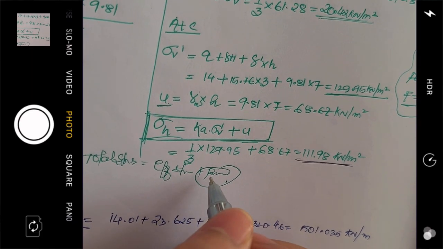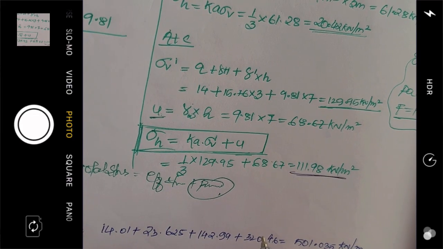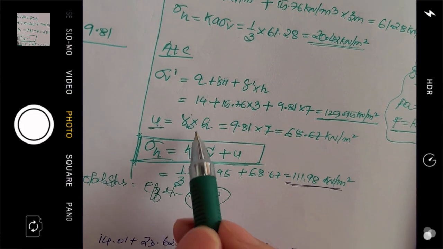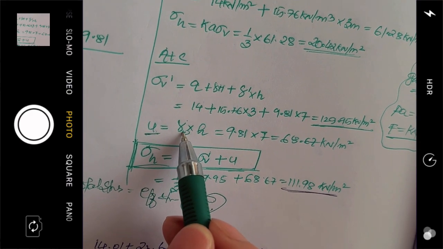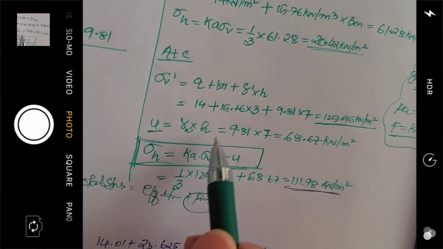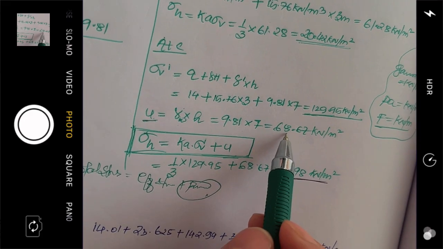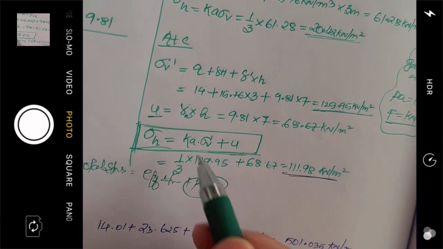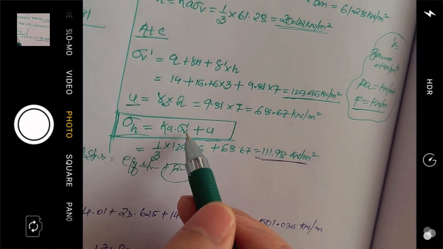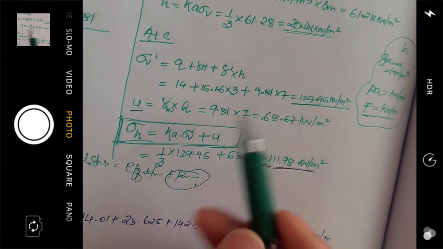Pore water pressure is due to forces acting on the water, gamma W into H. Gamma W is the unit weight of water, and H is 7. So 9.81 into 7 is 68.67 kilonewton per meter square. So sigma H is going to be Ka into sigma effective, it's going to be effective because now it's submerged.